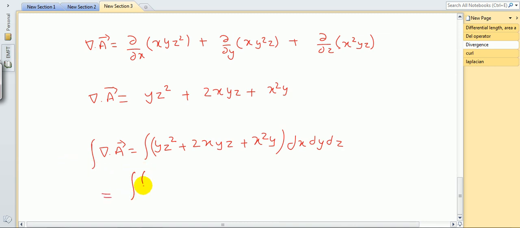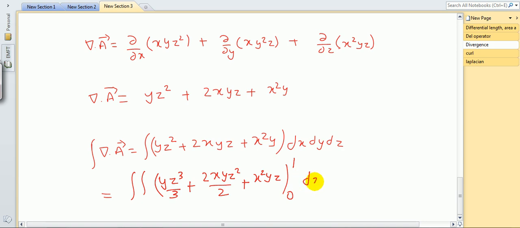If I do the triple integral and I am doing the z integration, this will become y z cube by 3 plus 2 x y z square by 2 plus x square y z, and the limits are 0 to 1.